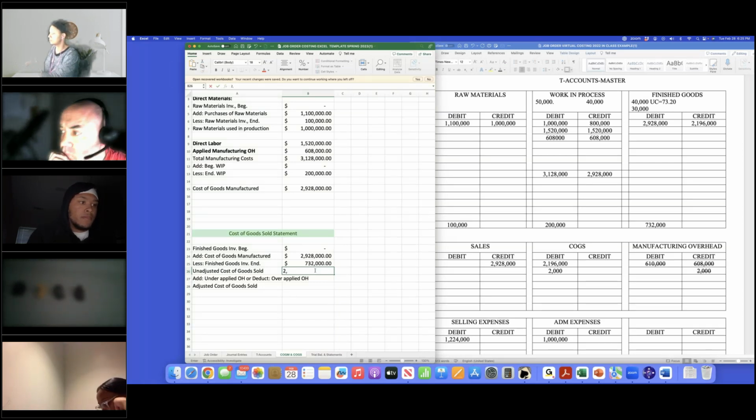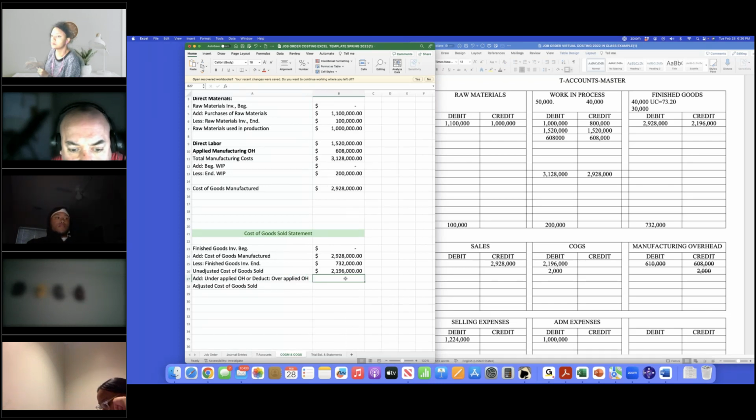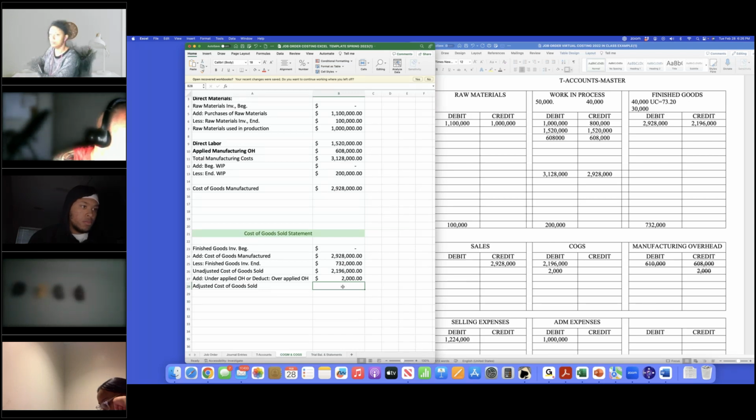We add underapplied overhead and deduct overapplied. We were over, so we put the 2,000 here. We'll get the adjusted cost of goods sold is 2 million what? 198.